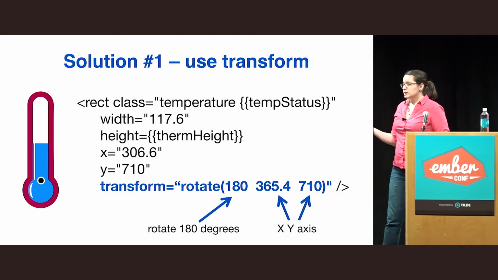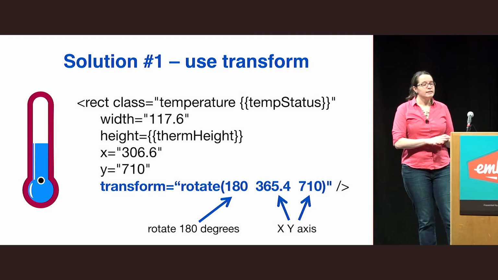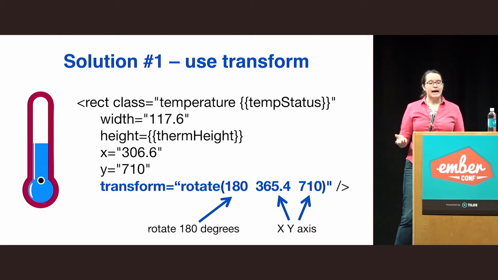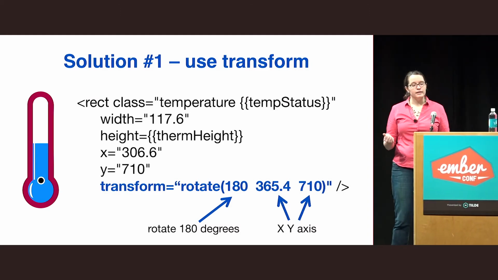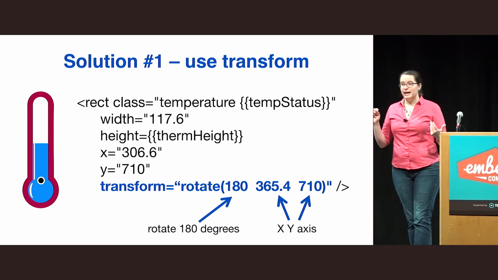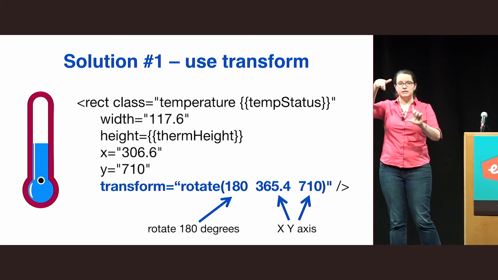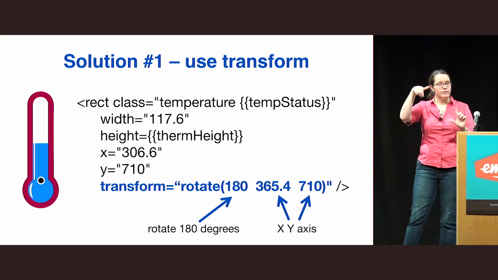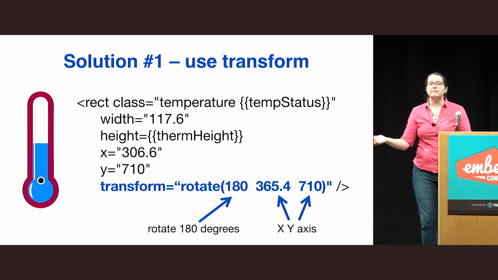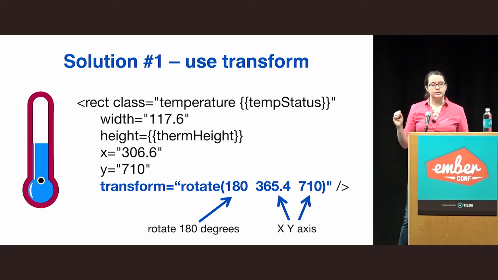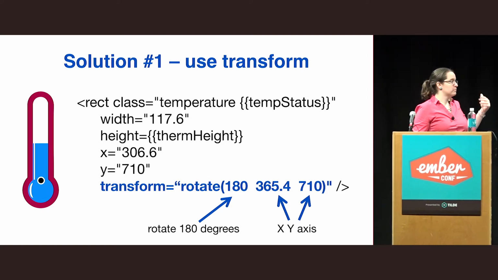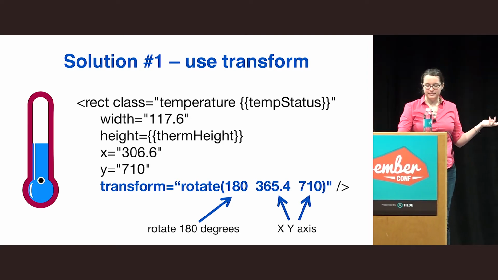With a rotation transform, you can set the X and Y coordinates of the axis that you want to rotate on. So I set my axis as the top center of the rectangle that formed the thermometer height, and then I rotated it by 180 degrees. Now here's what our thermometer looks like.